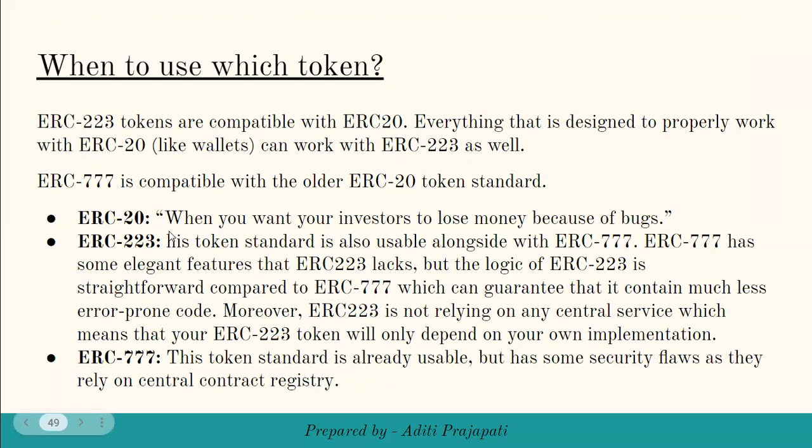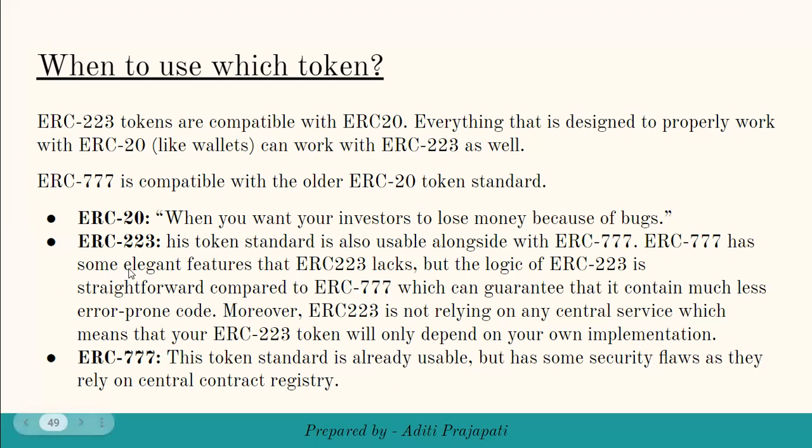But it is said that if you want your investors to lose money because of a bug, you can go for ERC20 only. Otherwise, you can combine the two standards. ERC223 is also usable alongside ERC777.